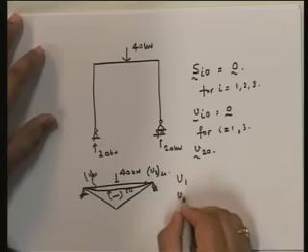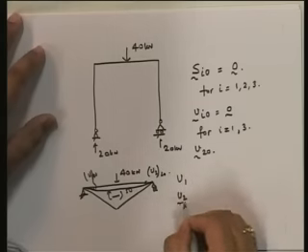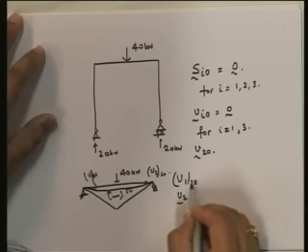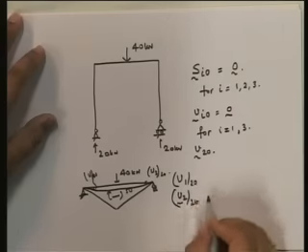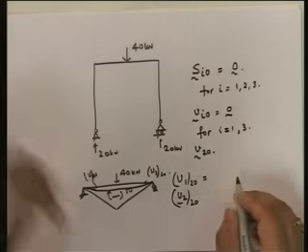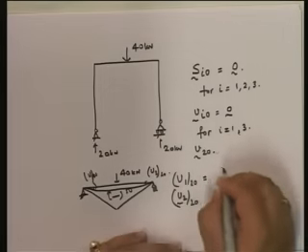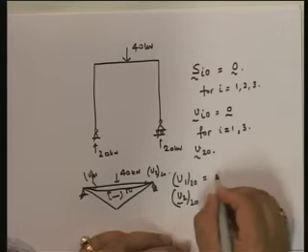So V1 and V2 of 20 are equal to, we've already done this, I'm just going to put down the numbers.